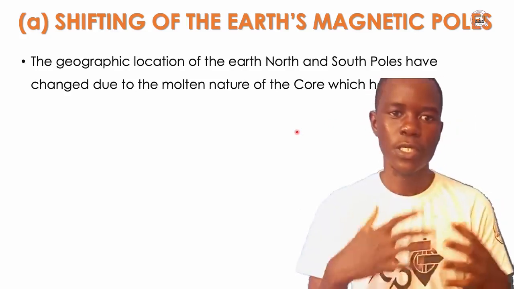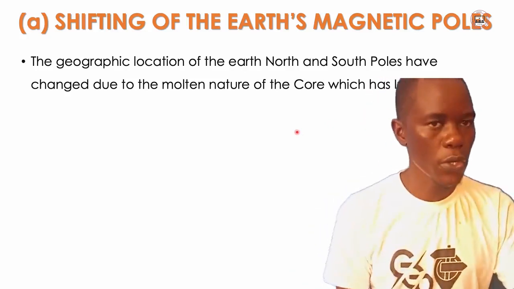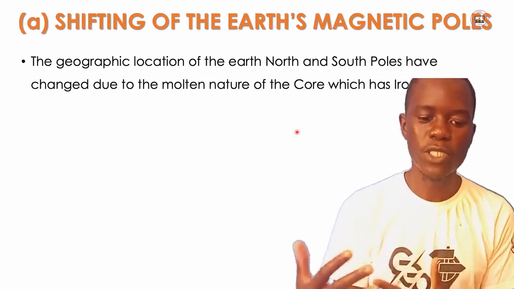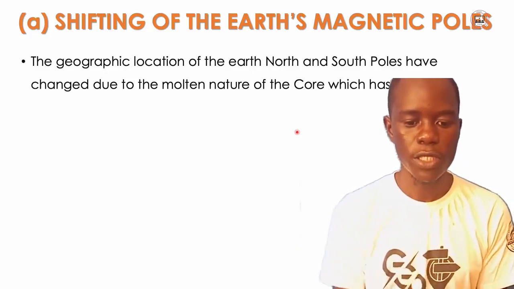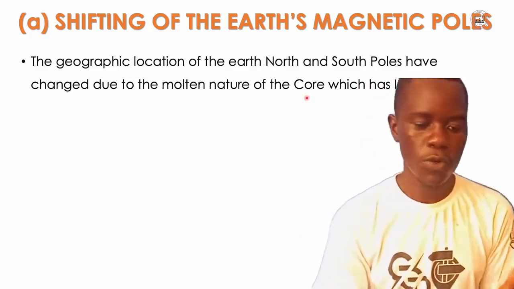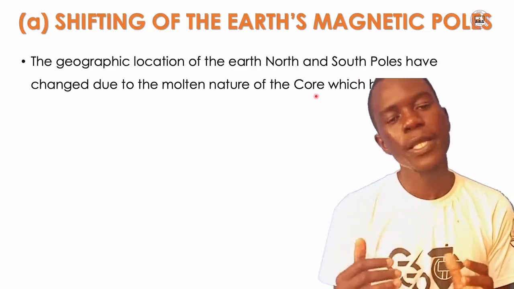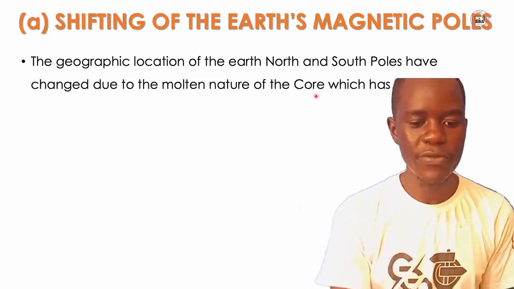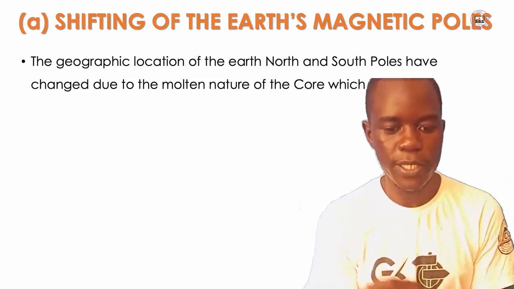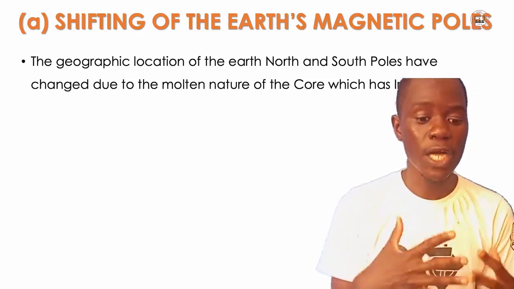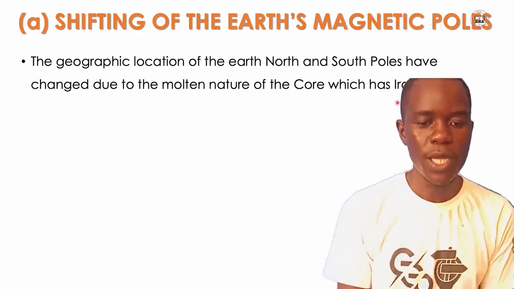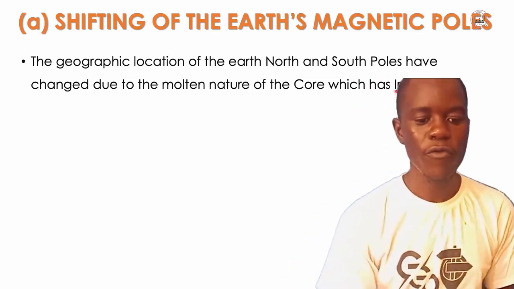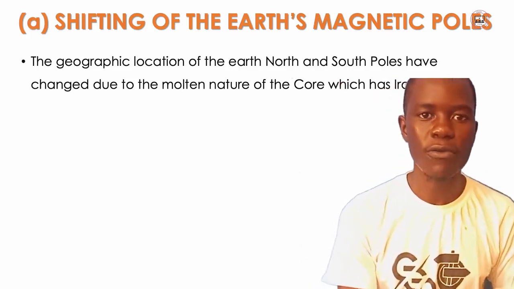If you look at the internal structure of the Earth, the inner part is the core, and that iron has melted, and because of that it has changed the position of the North Pole as well as the South Pole.